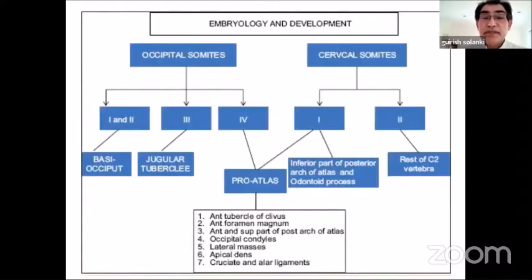If you want to remember this, of course, I don't want to go into too much detail, you just have to remember that it's the fourth occipital somite that leads to failure of proper pro-atlas development, and all of the abnormalities related to Chiari fall in this group here. So that's the thing we're interested in, nothing else.